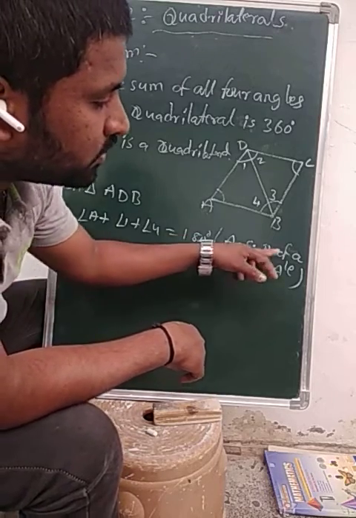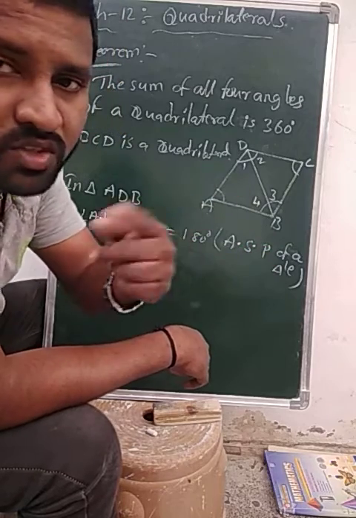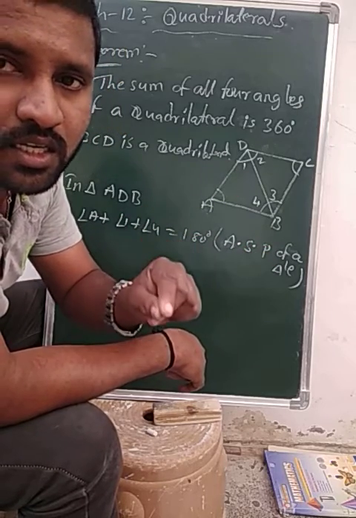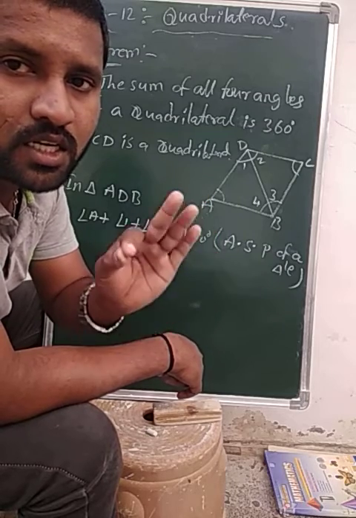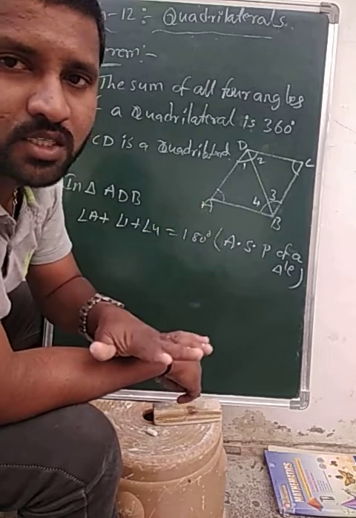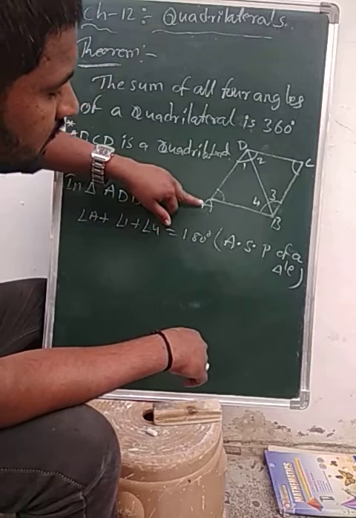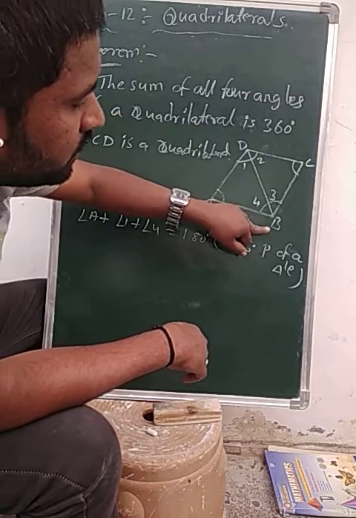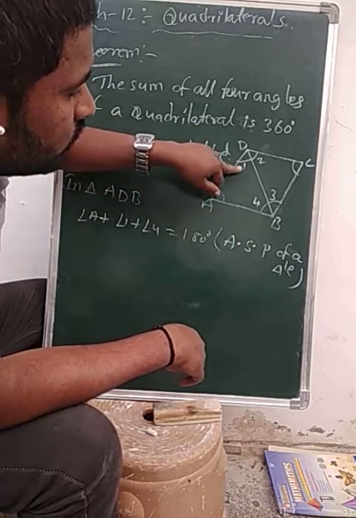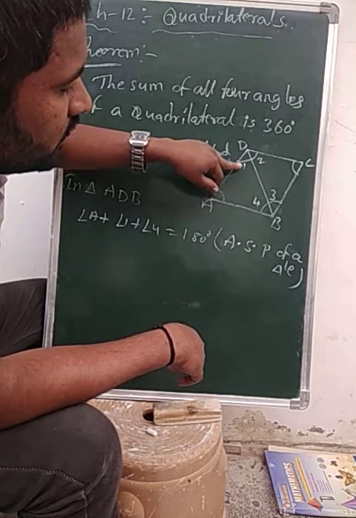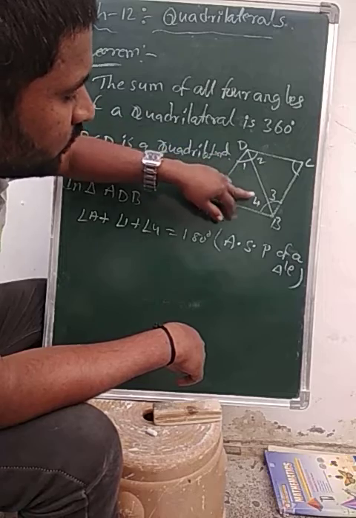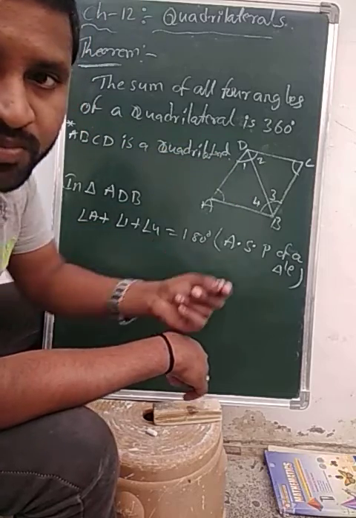The sum of the measures of three angles in a triangle is equal to 180 degrees. So in triangle ADB, the sum of angle A, angle 1 and angle 4 is equal to 180 degrees.